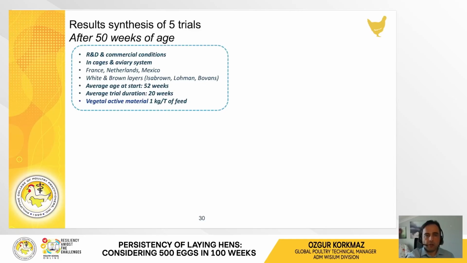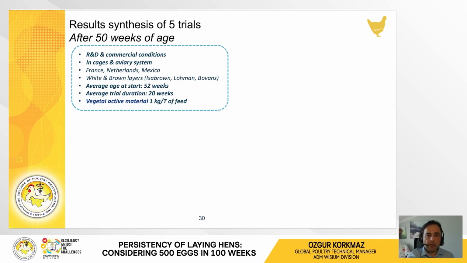So we synthesized 5 trials after 50 weeks of age. They were done in R&D and commercial conditions, in cages and aviary systems, in France, Netherlands, Mexico, and also in the Philippines.